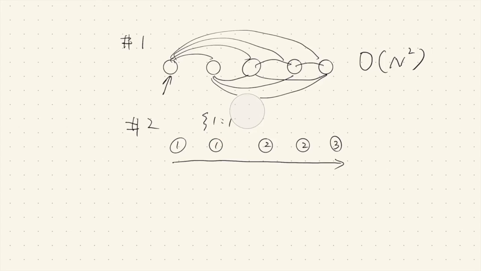So we update the occurrence to be 2, and the third one, which is 2, occurred once. Then the fourth one is 2, so we update this 2's occurrence to be 2. And then the last one, which is 3, occurred once.